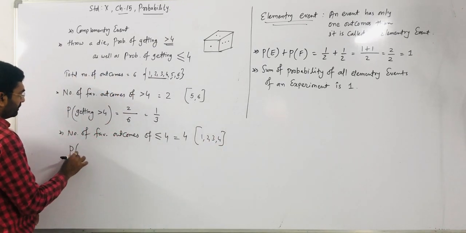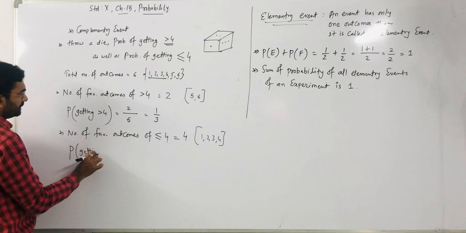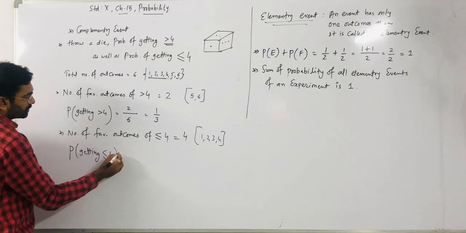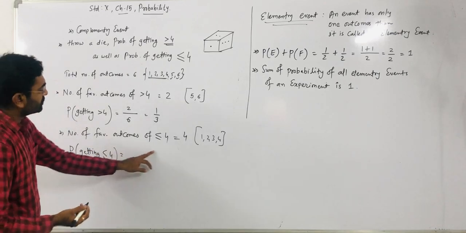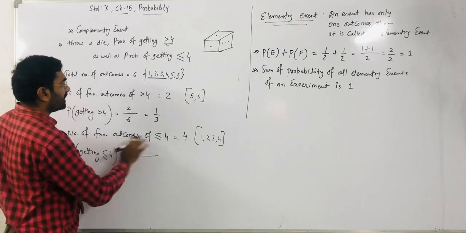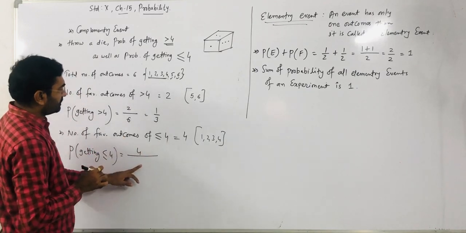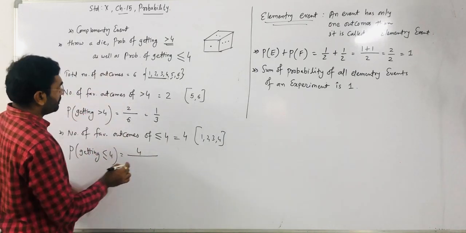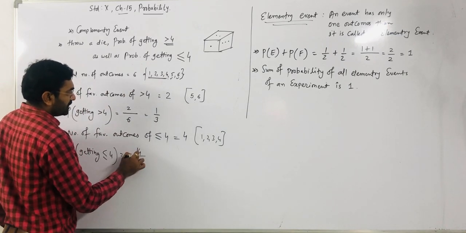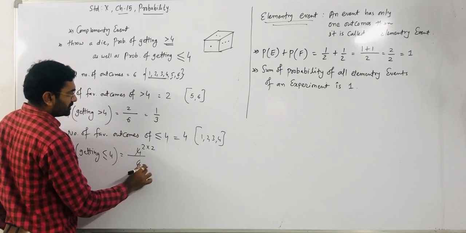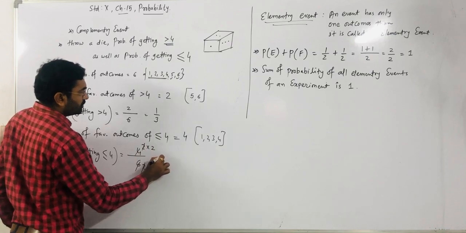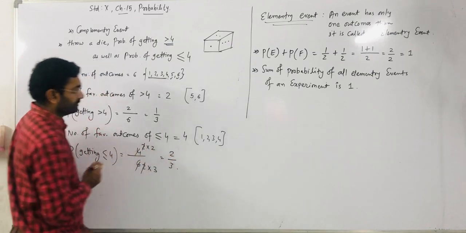So its probability means probability of getting less than or equal to 4 outcome, in which favorable outcomes we have to write in numerator. So favorable outcome is 4. In denominator we have to write the total number of outcomes. Total number of outcomes is 6. So here this is 2 2s, and this one cancels out, so we get 2 by 3.